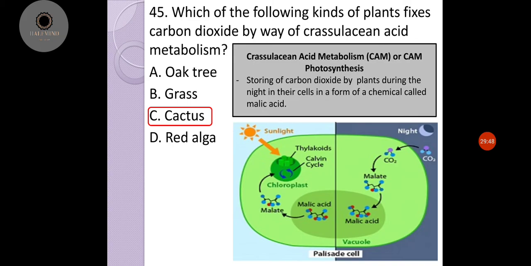Kasi yung stomata, dyan lumalabas yung water vapor, and dyan din pumapasok si oxygen at si carbon dioxide from the atmosphere. So ang ginagawa ng cactus is they close their stomata during the day.